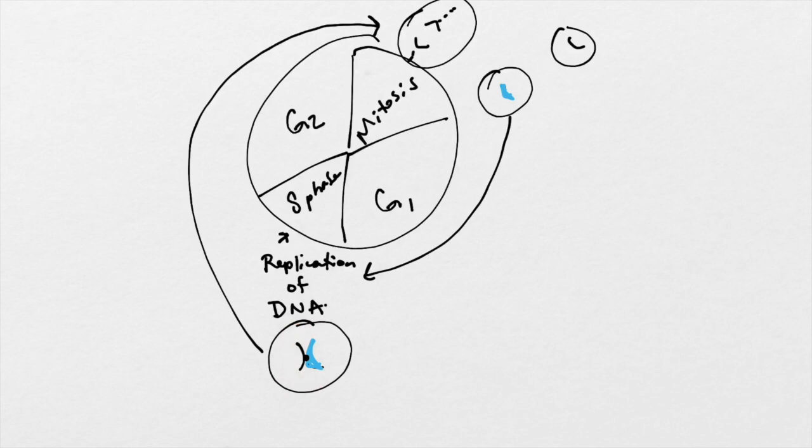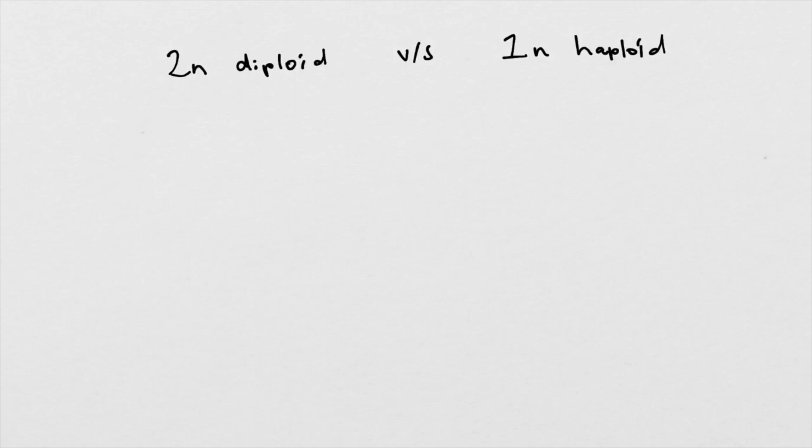Okay. The other thing that I think can be confusing. So what then is 2N diploid versus 1N haploid? What is the human diploid number? 46.